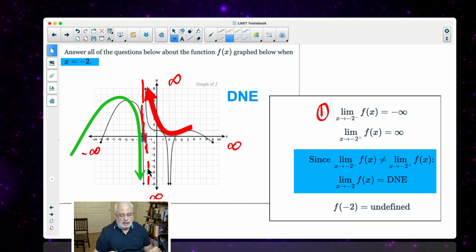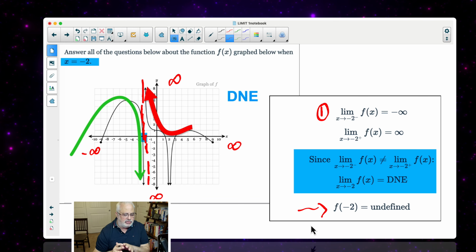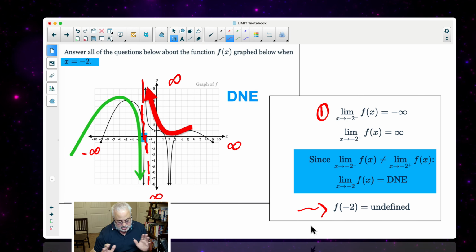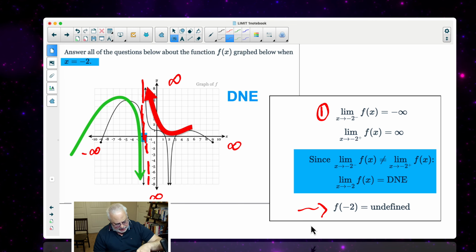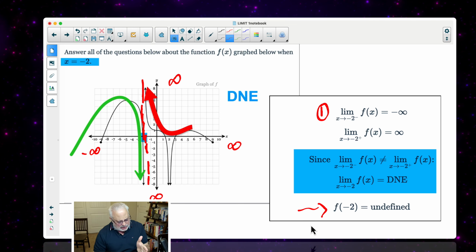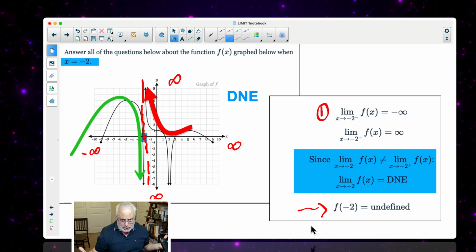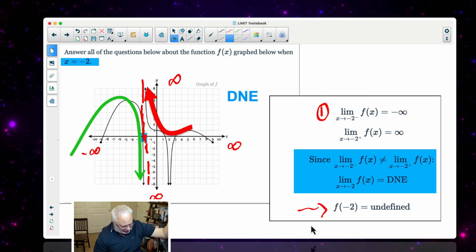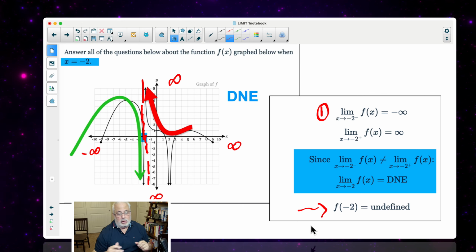Very interesting. And look at this, what I put here. I evaluate the function at -2. I said earlier, and I keep saying, that what happens with the function at x equal -2 is not important. But I want you to see, out of curiosity, what happens with the y value, the output value, when x is -2. The function is undefined.